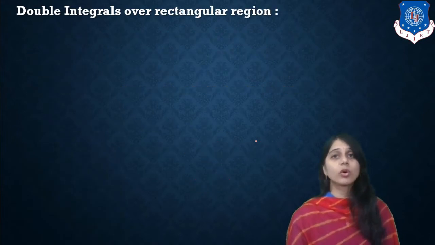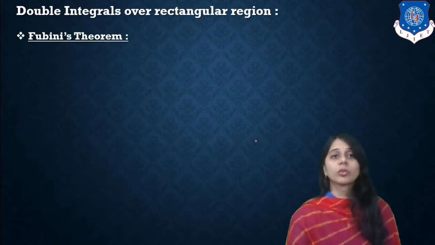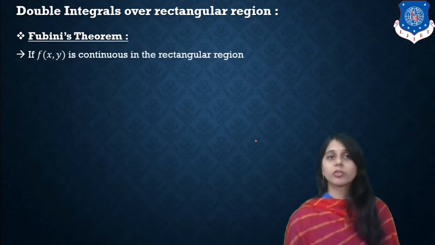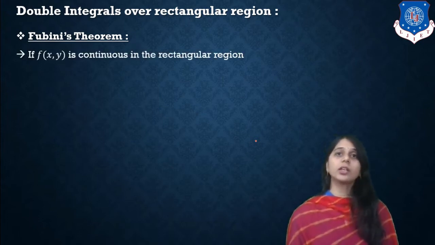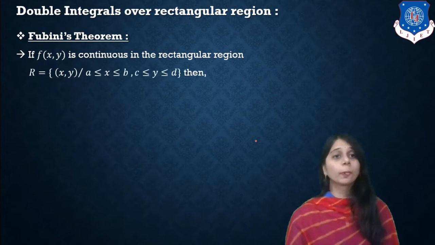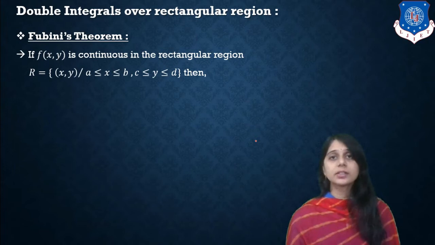Now, double integral over a rectangular region. Fubini's theorem: if f(x,y) is continuous in the rectangular region R equal to {(x,y)}, where x is between a and b and y is between c and d.